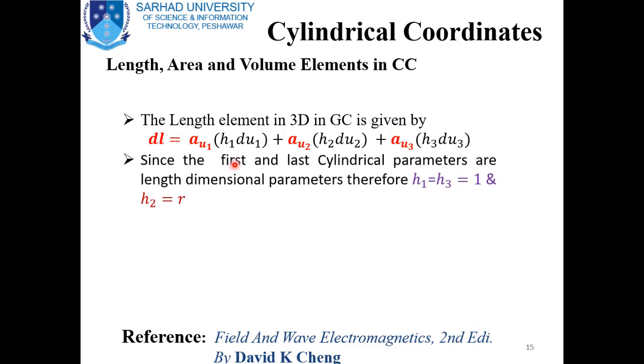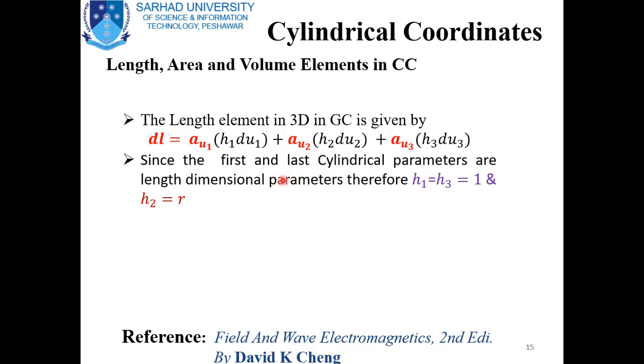So for this, h1 and h3, because the first and third elements of cylindrical coordinates are length dimensions, will equal 1, while the second component represents the angle phi, so h2 in this case will equal r, so the overall multiplication of this term will give us the length dimension.